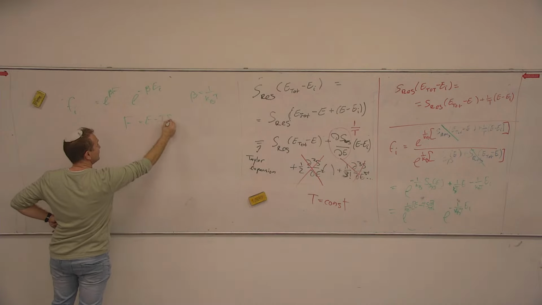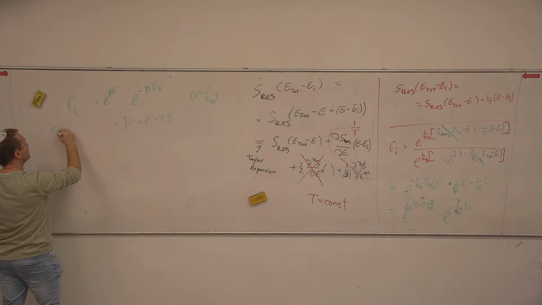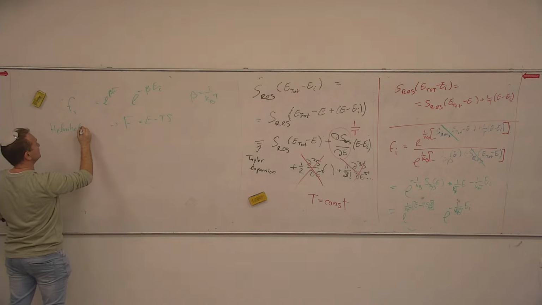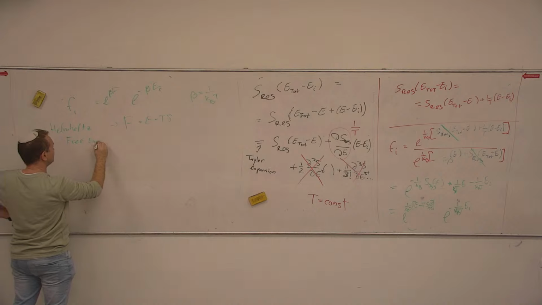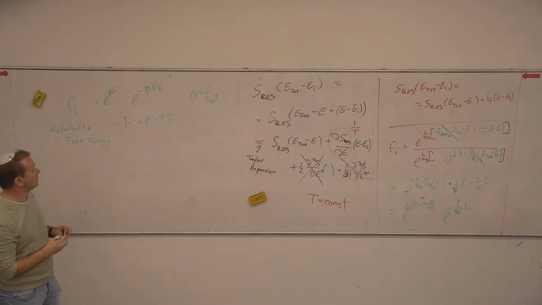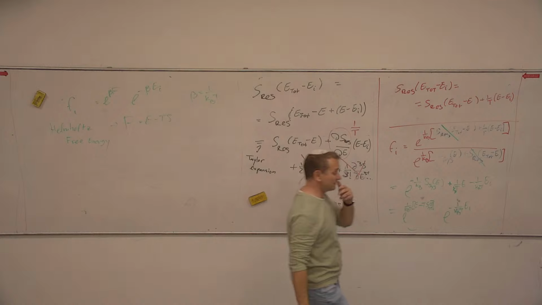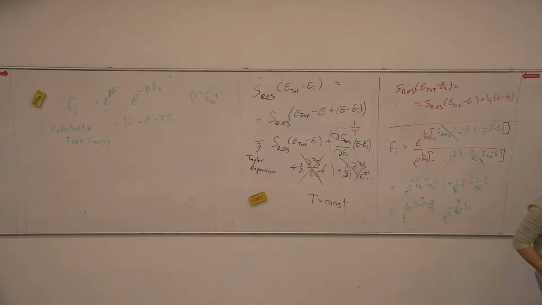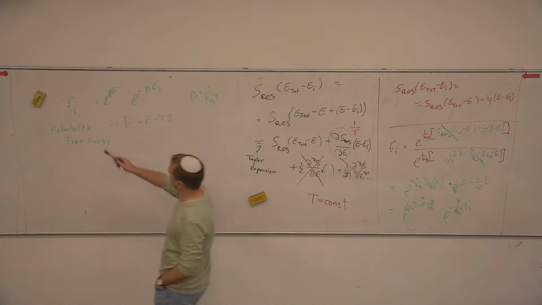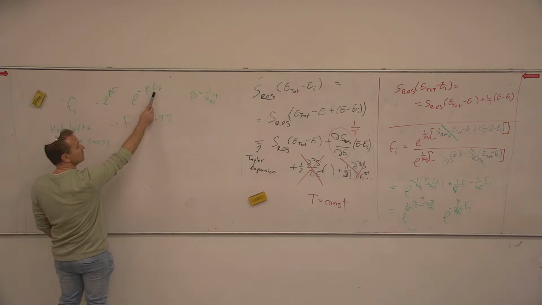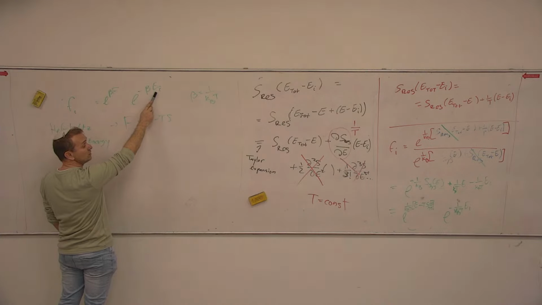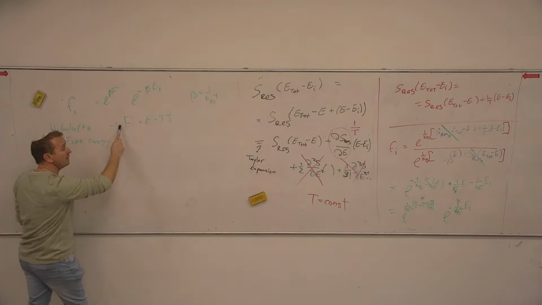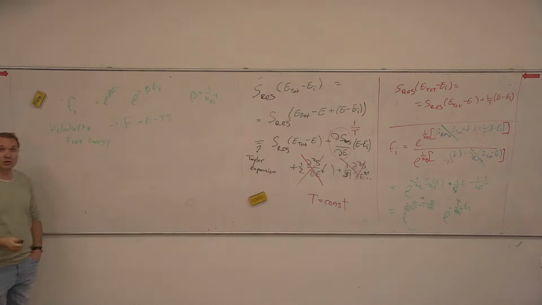E minus TS is the Helmholtz free energy. This is a very nice connection to thermodynamics. Why? Well, in order to calculate probabilities, you need only the energy of the specific state, and there you have a connection to your free energy of the system.